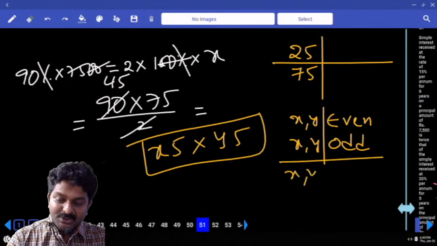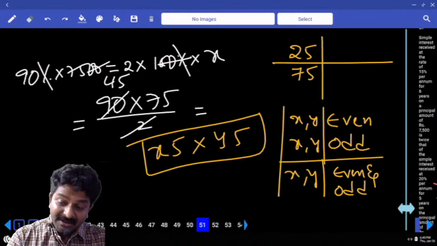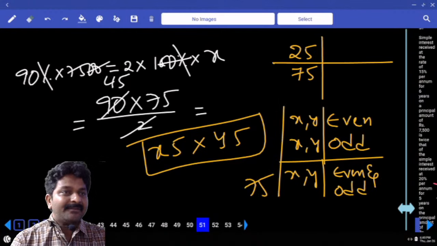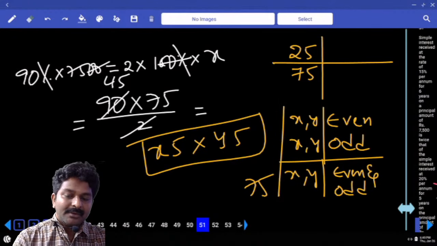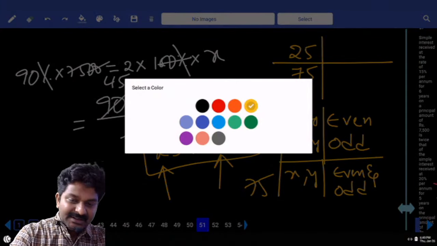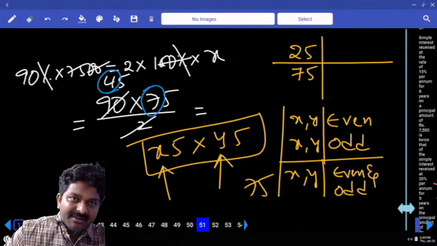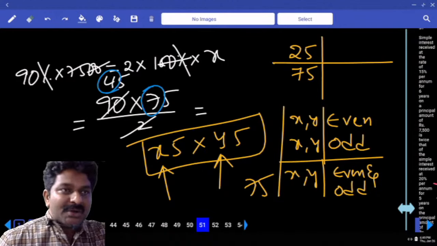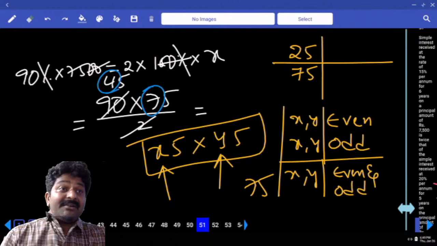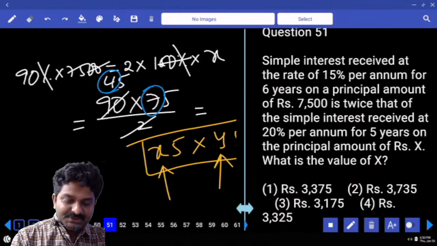If out of these 2 numbers you have one even and one odd number, then in this case you will get 75. So here, if you observe in our calculation, here we have 4 and here we have 7. One even and one odd. So the answer must end with 75. Next.